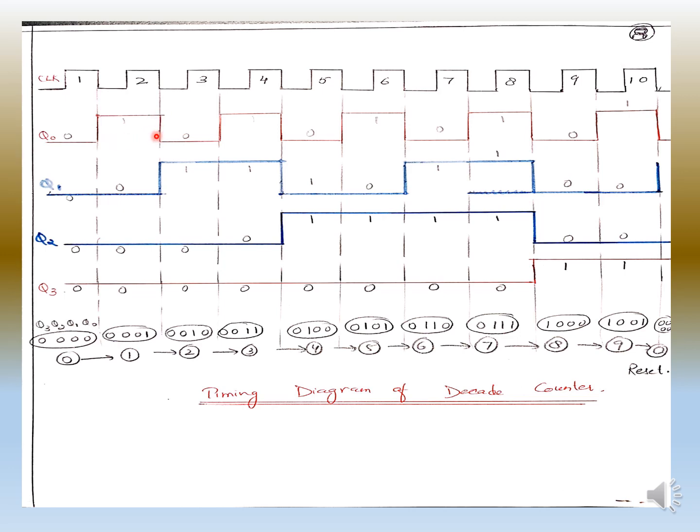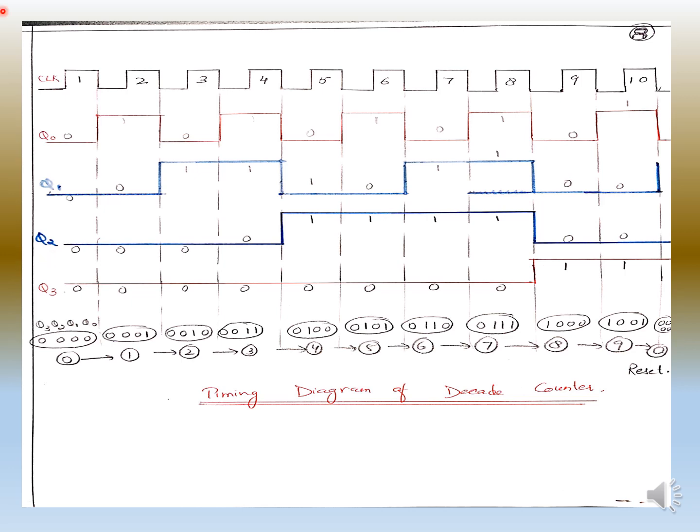So there is a negative edge here, so it changes its state from 0 to 1 at the first negative edge, and then there is a negative edge here. You understand this? So it will change its position at the next negative edge. So it changes its position from 1 to 0 here. Sorry, I have written it wrong. It is 0 here. Okay. So this is 0 and it will go on.